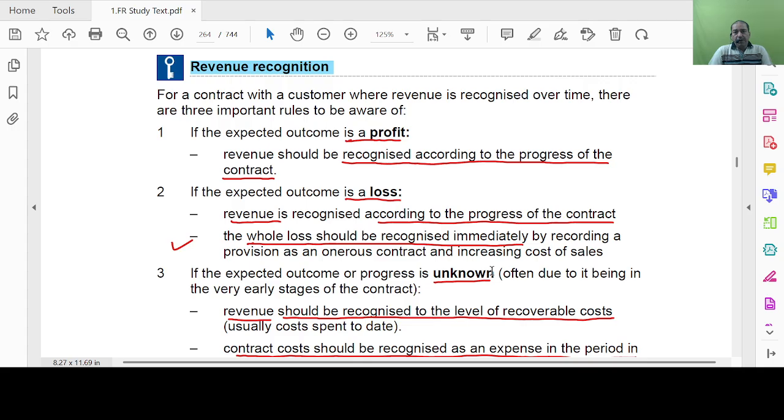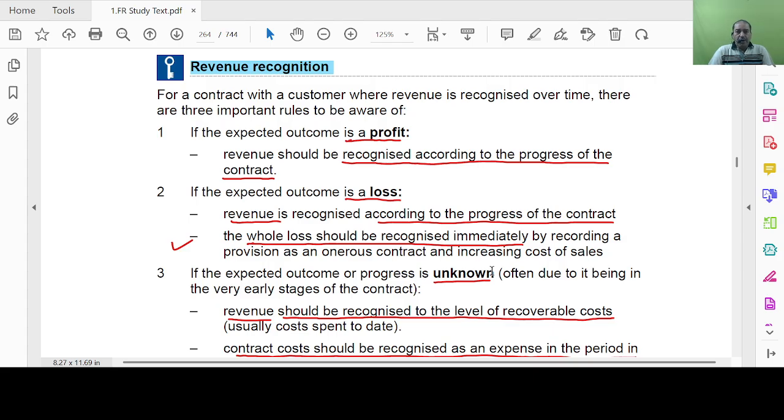At the end of the year, if I am able to use just about 20 tons of cement, then out of the total 50 tons that I required, I have used only 20 tons.